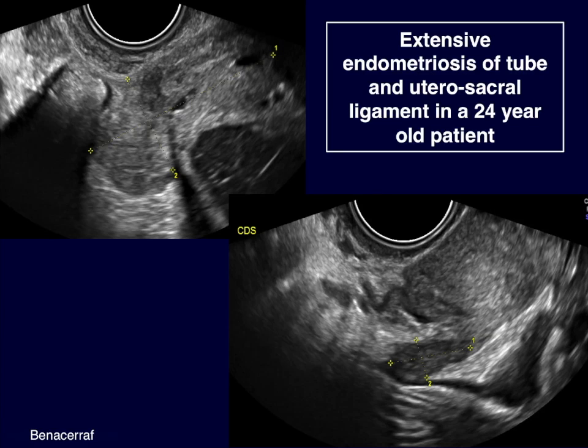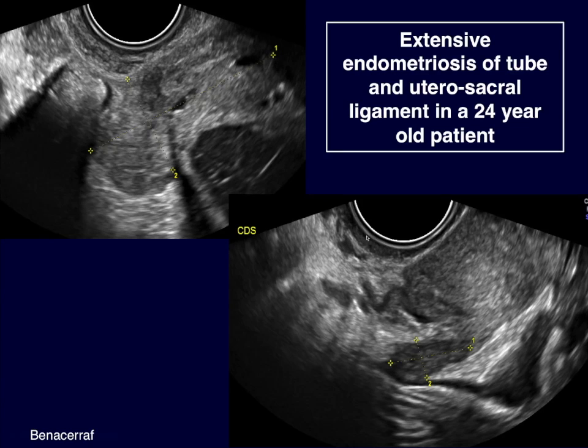Now, here's a 24-year-old, and these patients can be quite young, with really extensive stage 4 endometriosis. The tube here is very dilated. This is a tubular solid mass. Really nothing specific about it. You really can't tell what it is just looking at it.